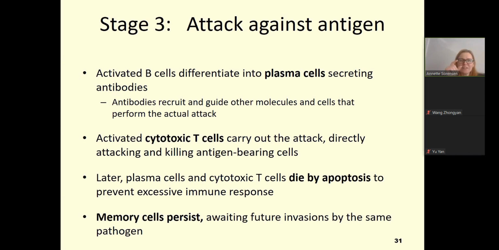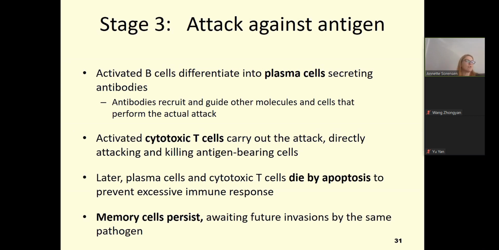and that recruits. We actually already looked at how the antibody can recruit the complement system, for example. So it can lead to activation of the complement system, and the complement system makes this cylinder which is inserted into the membrane of the cell.